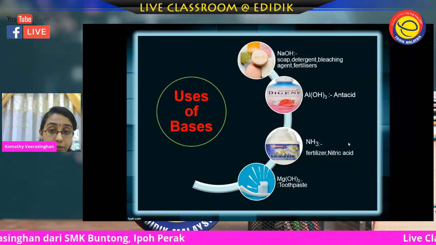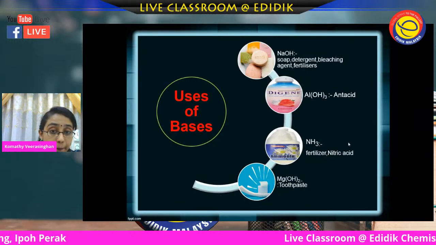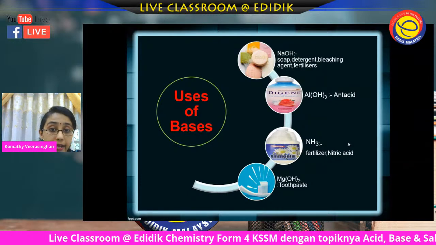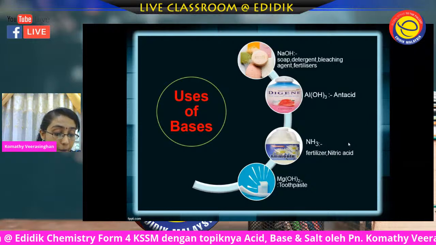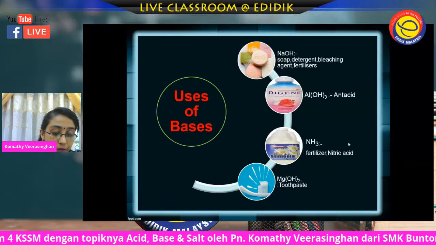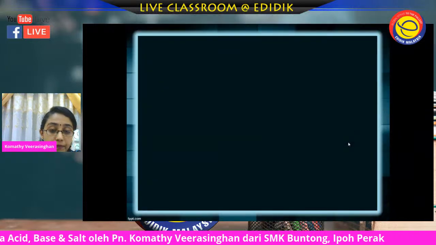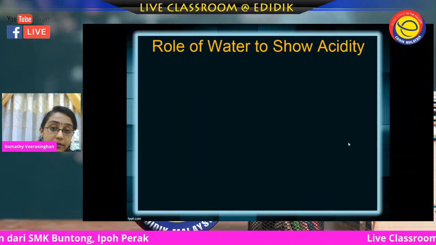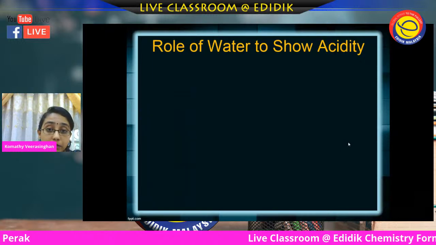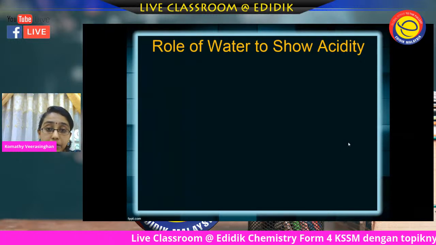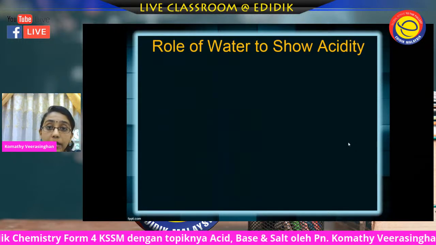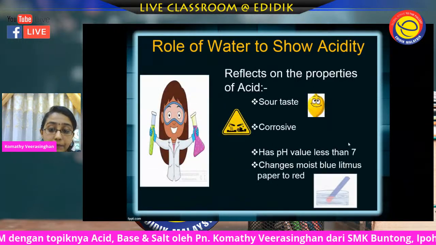So for information, so far we have learned about acid, what is acid, what is alkali, what is base, and their usage. So now we're going to move on to the role of water to show acidity. Why is water essential for a substance to show its properties, either acidic or alkaline properties?